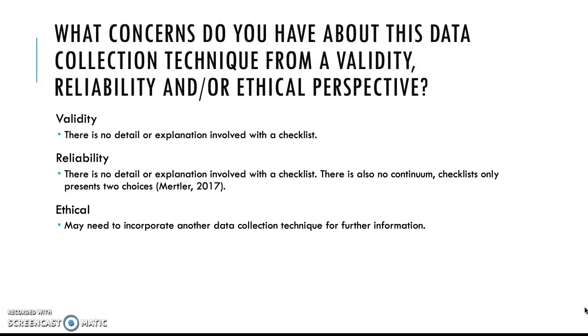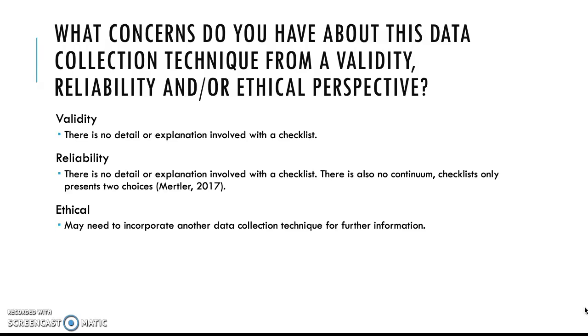If you had a scale of like never, sometimes, always, often, those continuum type, survey type things, a checklist is not that. A checklist is two choices: yes, no, present, absent. So again, reliability, maybe they were able to kind of sort, but then they didn't. You can run into some trouble there, I think, in that gray area.